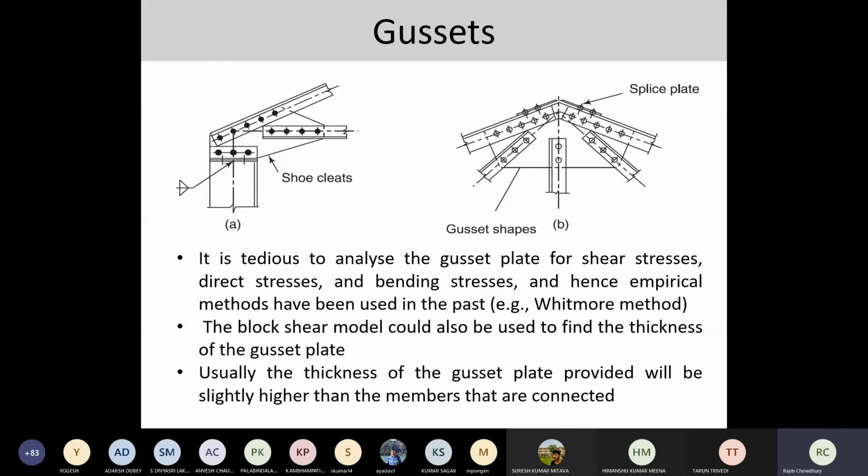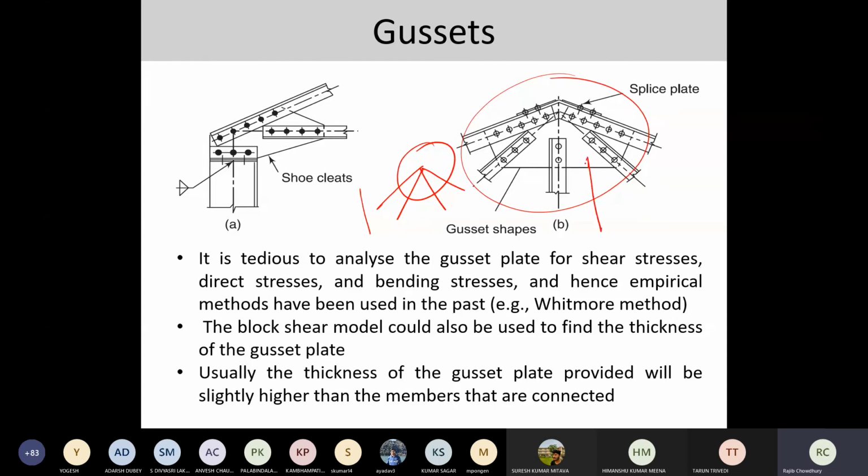What is the purpose of that? Because if I want to connect all these different members together, theoretically or numerically I can make the model in this particular way. But how do I make the connection? There should not be any overlap.